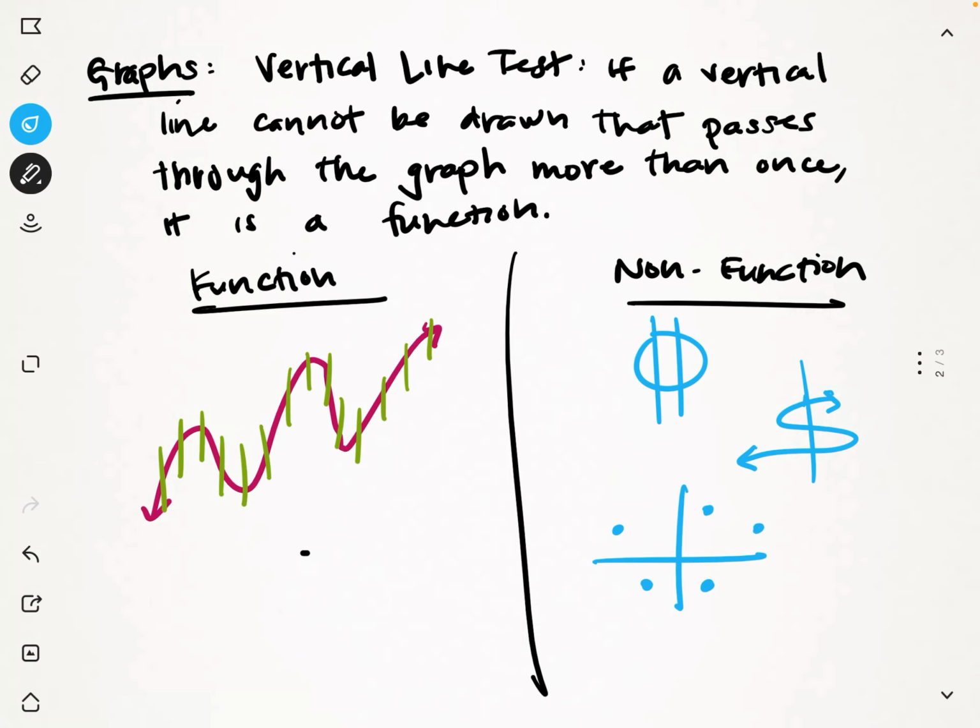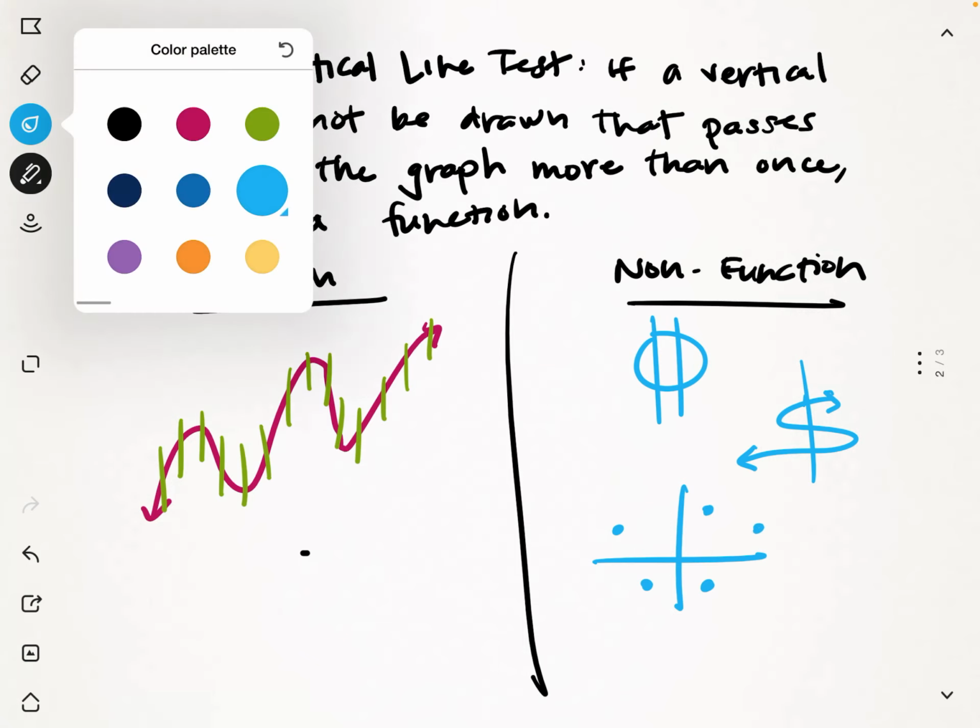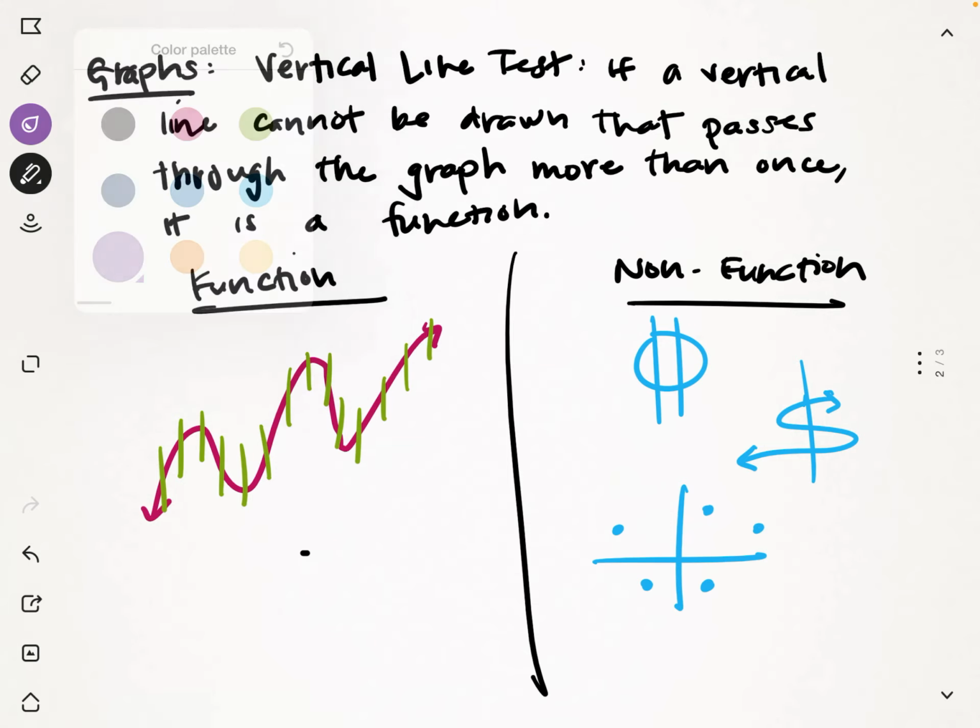Because some of these pass, but if you can find any point where you can draw a vertical line through, this doesn't pass the vertical line test. And also be careful about stuff like this. Anytime we overlap, that's not going to be a function.